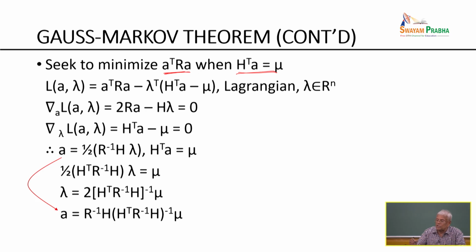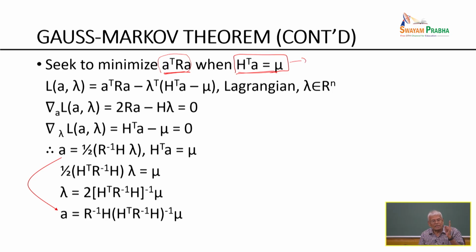The unbiased condition essentially tells you H transpose A is equal to mu. So I would like to minimize this where A is not a free variable. If A were a free variable, what is the minimum of X transpose RX? It is 0 at the origin. So the unconstrained minimum is not applicable. The constrained minimum is applicable because A is not a free variable. So among all A's that satisfy this constraint, what is the minimum of this?